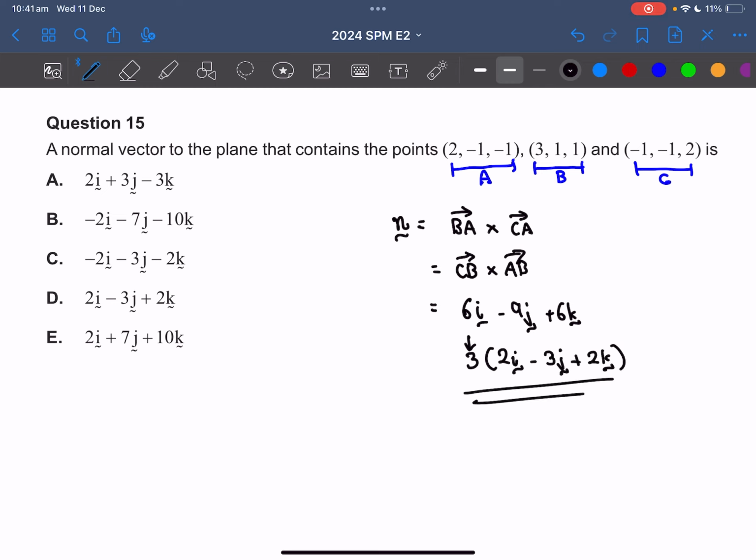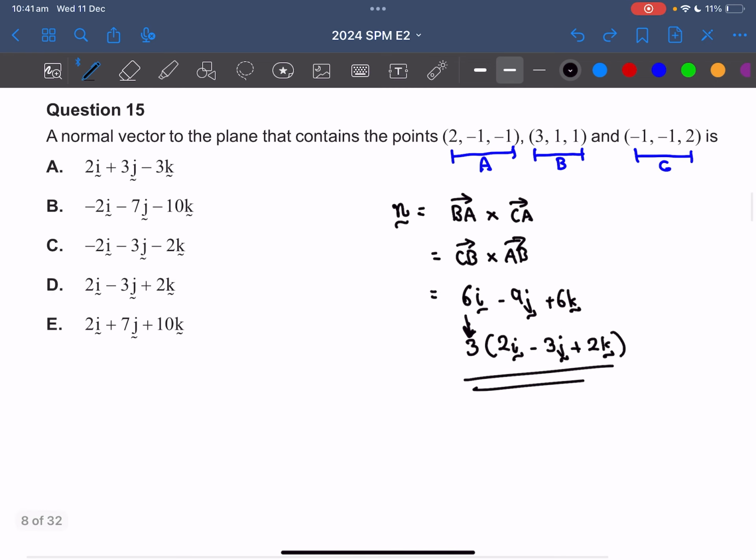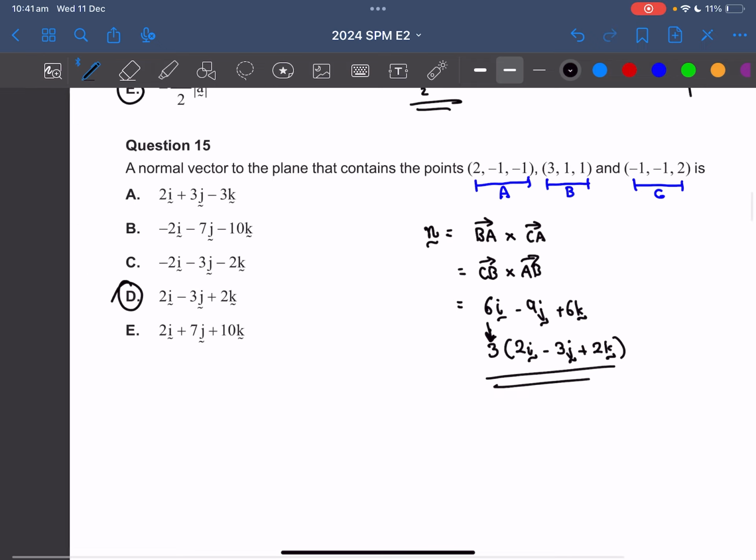Okay, we can take 3 out, because 3 is just a scalar multiple of this vector over here. Okay, so 2i minus 3j plus 2k. It is going to be option D for this. Okay.